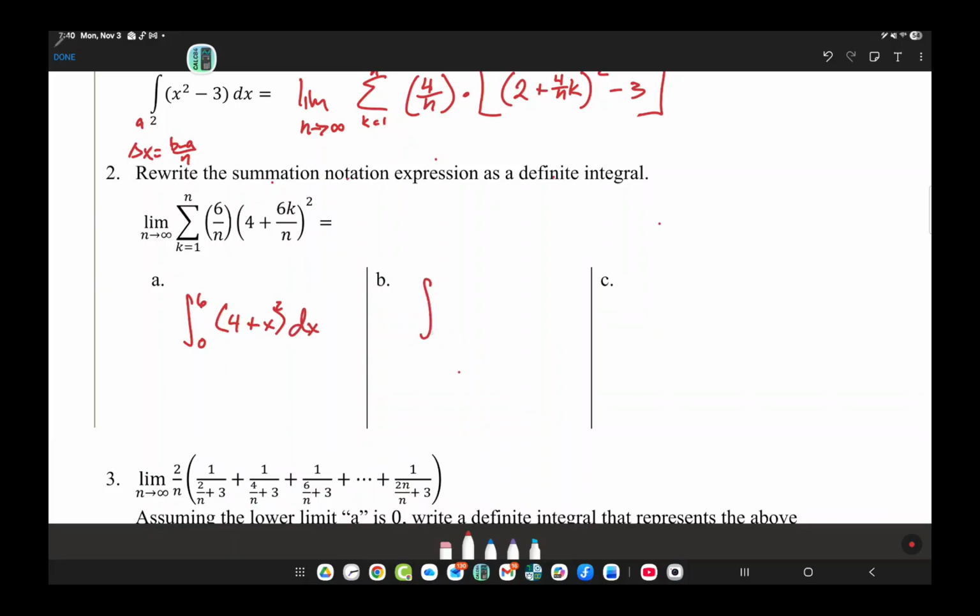The integral from 4 to 10 of x squared dx, which is the one I would think of every time. This is the most common one. And then there's the most typical one to come across: 0 to 1 of 6, 4 plus 6x squared dx.